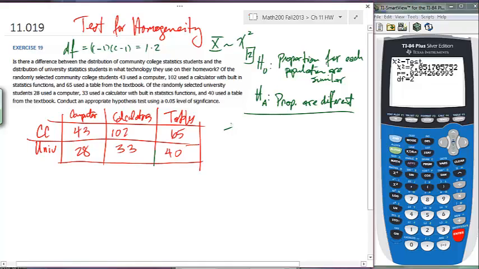So the test statistic is a chi-square equal to 7.05, and our p-value is 0.029. So it looks like this is less than our standard 0.05 for alpha, so we're going to reject the null hypothesis.